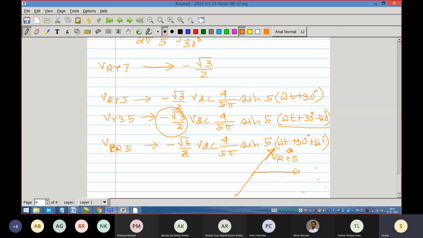VRY5. Okay. Now the second one is 5 into minus 90 degree. So 5 into minus 90 degree is here, but with a negative sign.